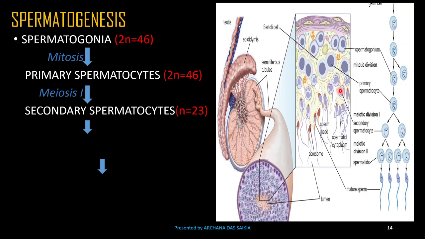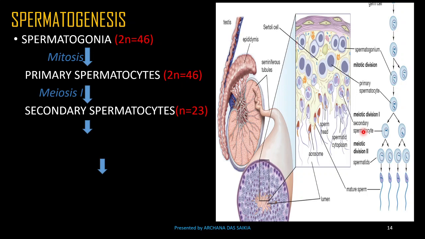First the primary spermatocyte undergoes meiosis 1 and forms daughter cells called secondary spermatocytes. Meiosis 1 results in daughter cells with half the number of chromosomes. One primary spermatocyte results in two secondary spermatocytes, each with only 23 chromosomes.